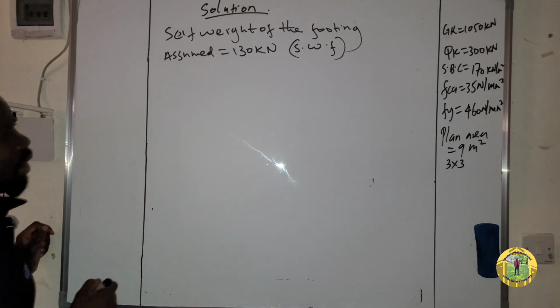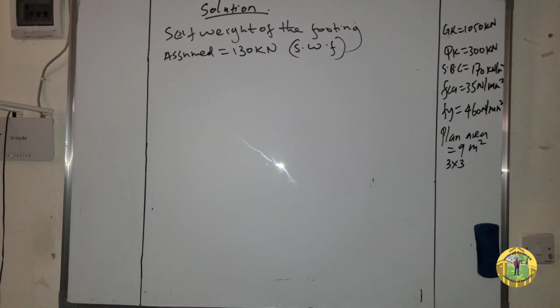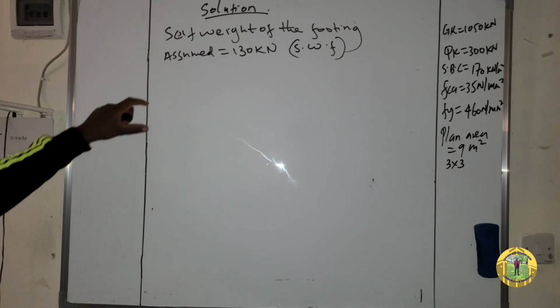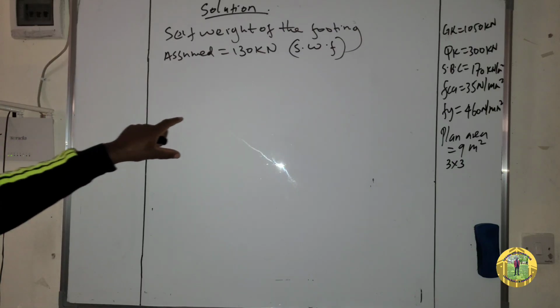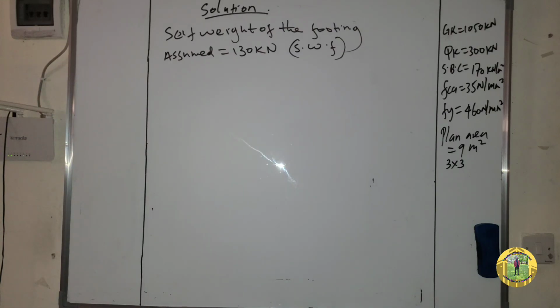But since now we have the dimension, we have the area, and we can also assume the depth of the footing, we can easily calculate the weight of this footing.